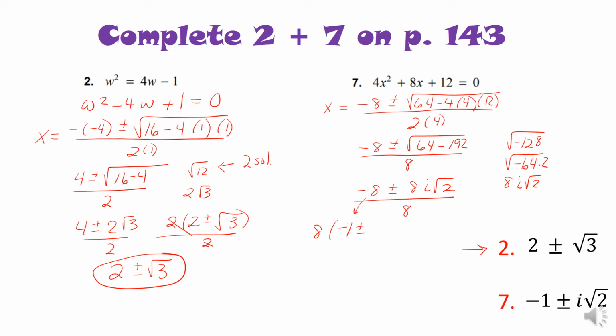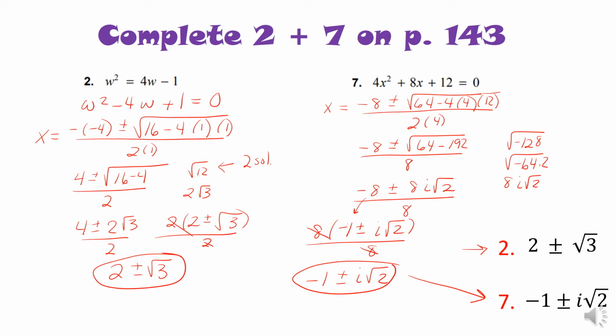You always want to have something there because negative 8 divided by 8 is still negative 1. And this leaves an i here with a square root of 2 over 8. So that cancels. Our final answer is negative 1 plus or minus i square root of 2. And there it is. So having the answer there was kind of a hint to you that you needed to cross cancel, but other than that, that's how you do it.